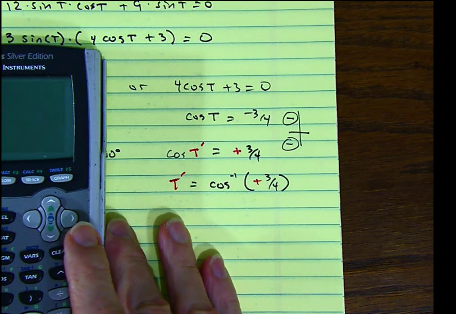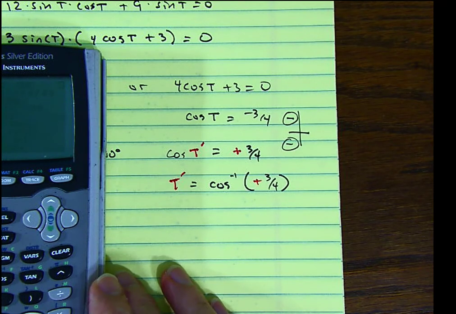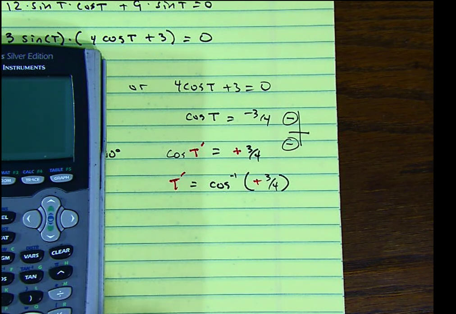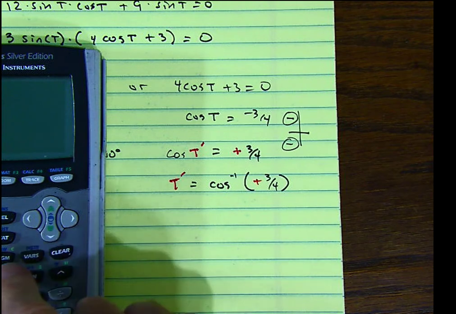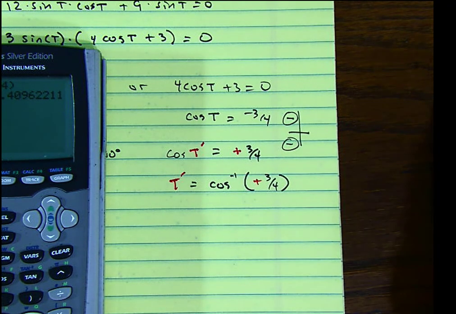Let's change it to degrees, and we'll do the cosine inverse of 3/4 again. But this time we'll get a degree solution.